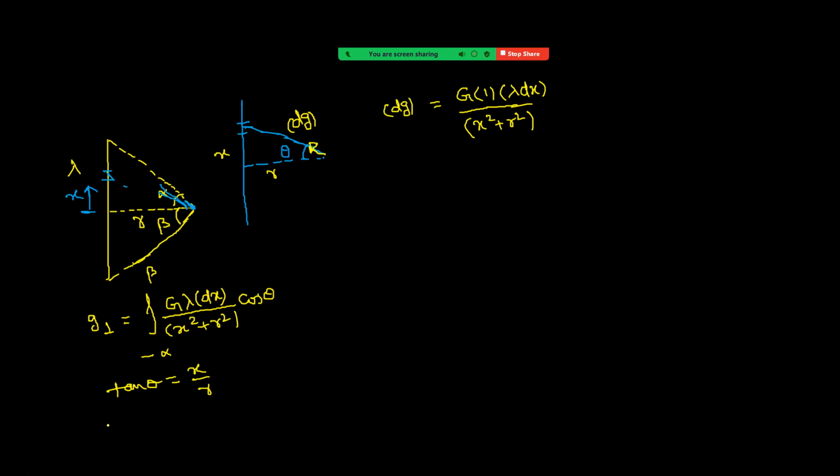Differentiating, dx equals, since r is constant, r into secant square theta d theta.